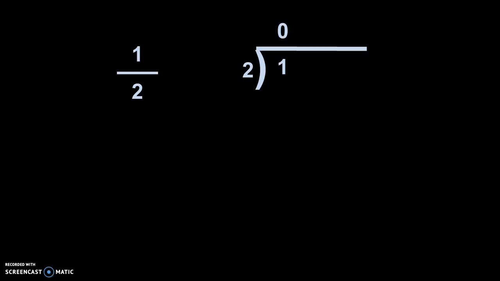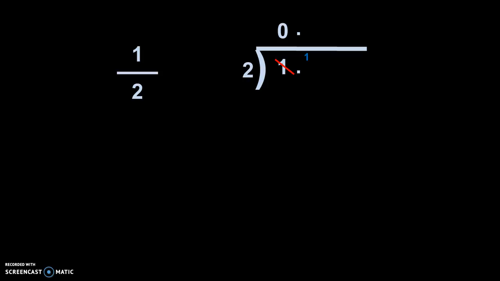At this stage, we have to input decimal points. One on the question line and one on the answer line above it. Now the 1 has become a remainder, so let's change its position.